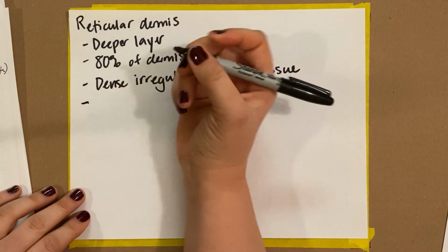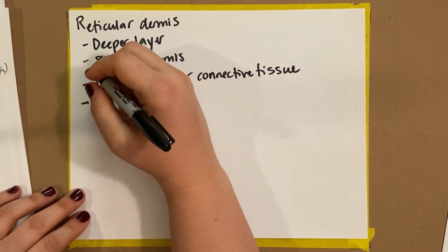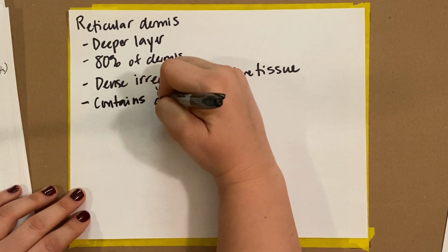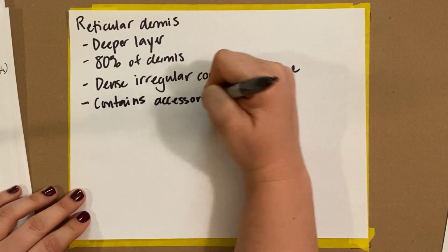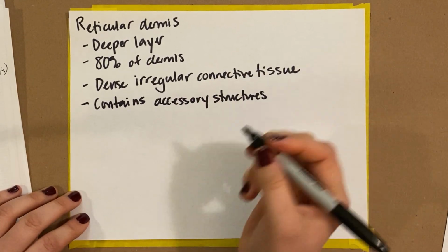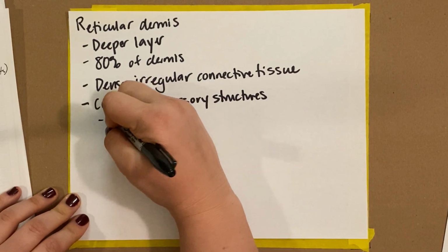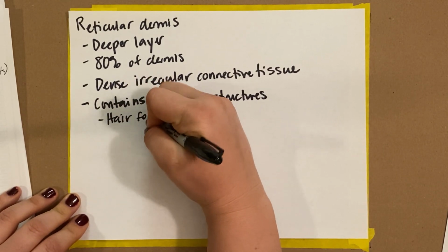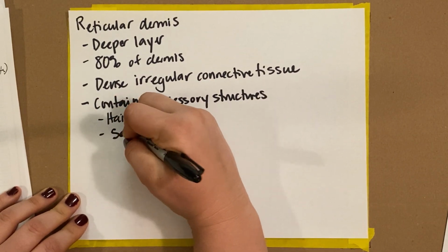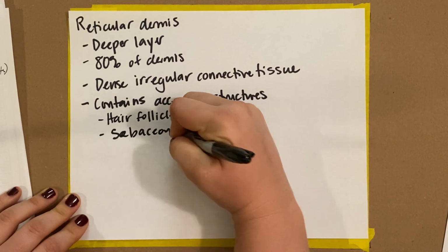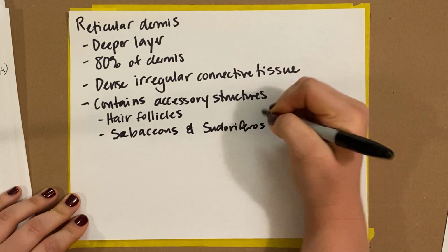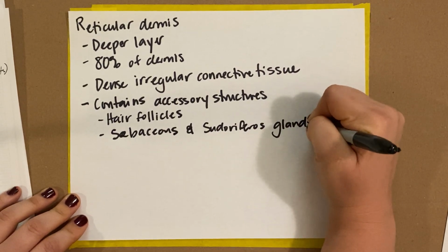Okay, and it's going to have quite a few different accessory structures. Some of these things are going to be hair follicles. We're going to have sebaceous and sudoriferous glands, which we'll talk about later.